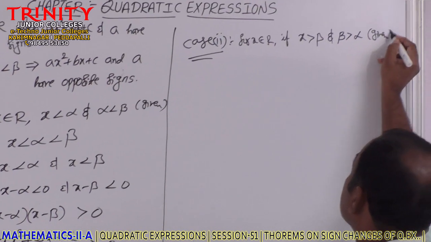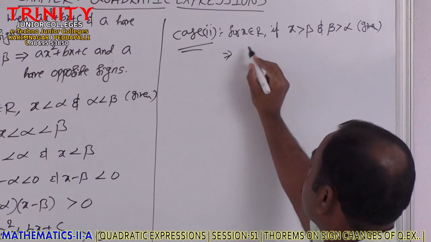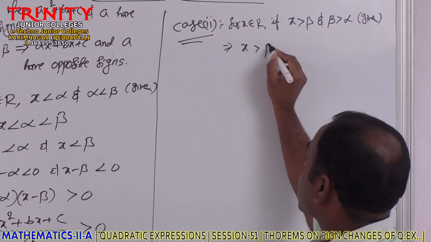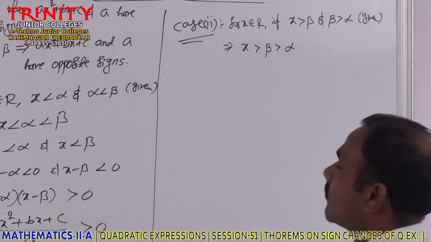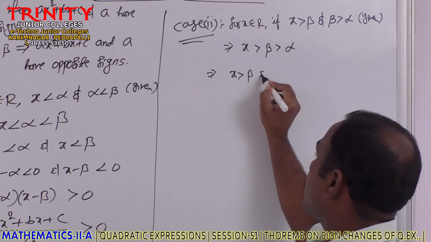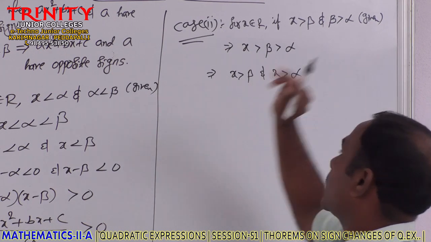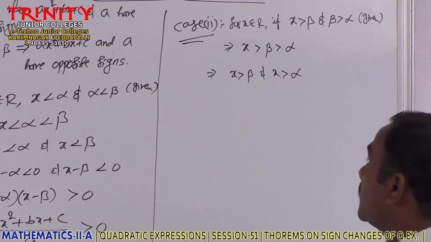This is the given condition. From these two, can I write x is greater than beta, beta is greater than alpha. So from this we can write x greater than beta and x greater than alpha.